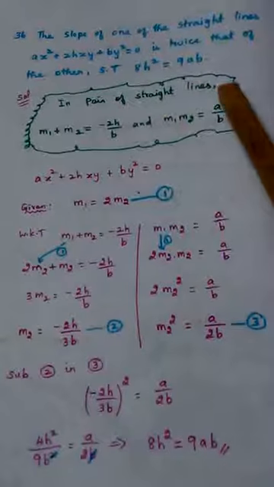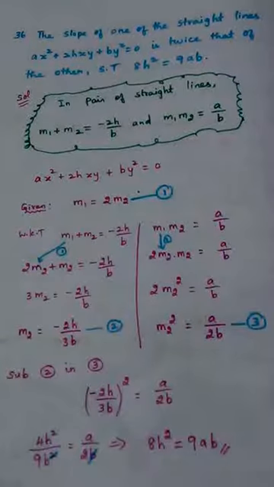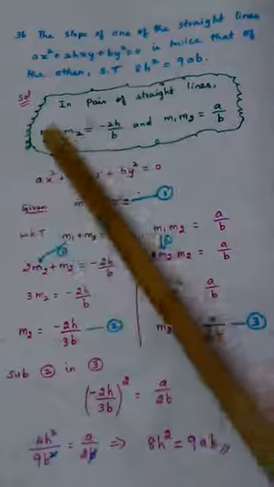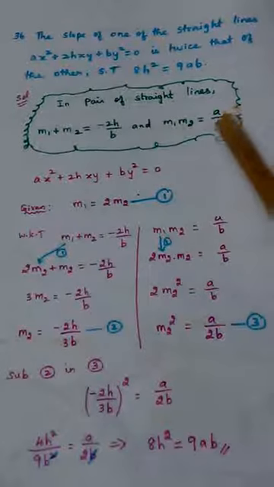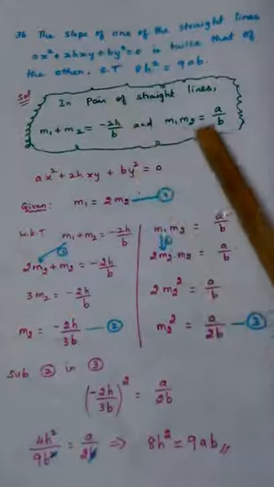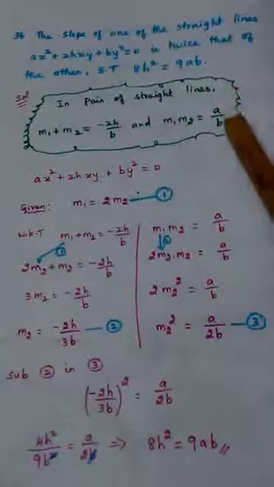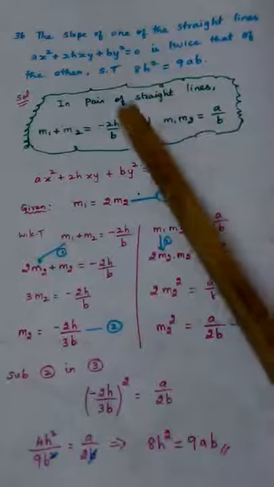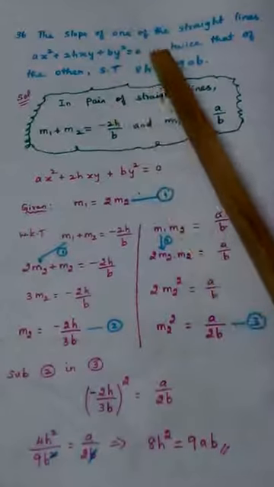Product of the slopes is given by the formula a by b. So this is called sum of slopes. This is called product of slopes. If the equation represents a pair of straight lines, then the sum of slopes is given by minus 2h by b, and the product of the slopes is given by a by b. So first we should know this result, then only we can do this problem.